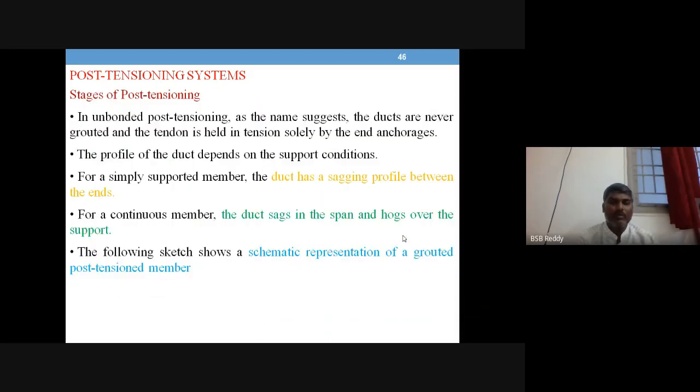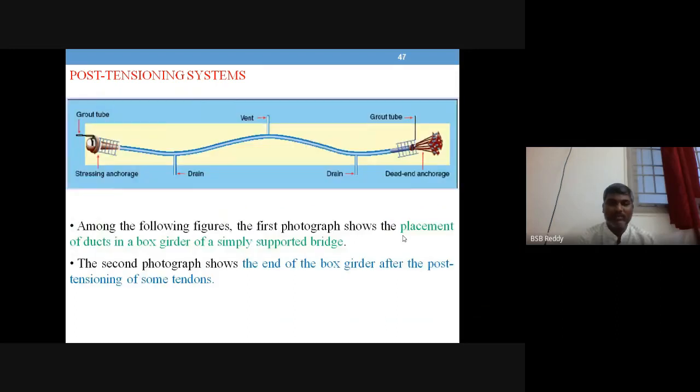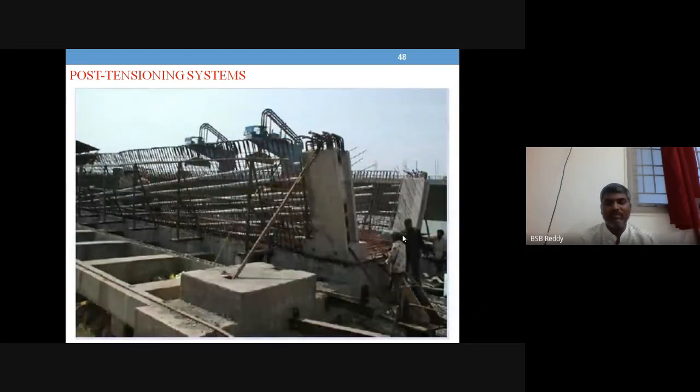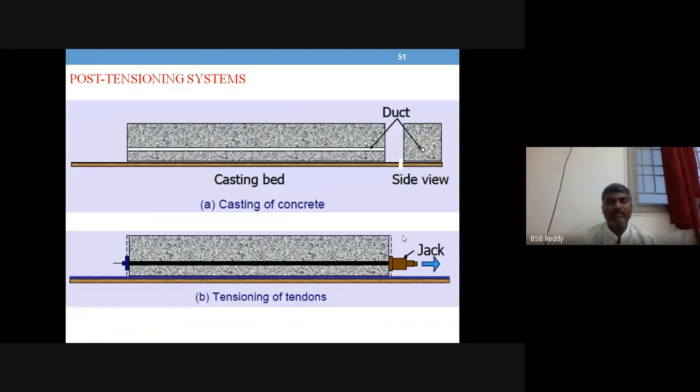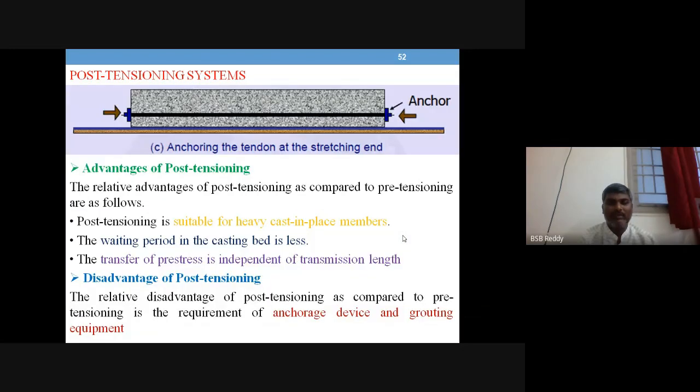And we have talked about stages of post-tensioning in the last session, a pictorial representation and a real picture of the post-tensioning operation of a heavy member. Then the various stages of post-tensioning operation, advantages and disadvantages.